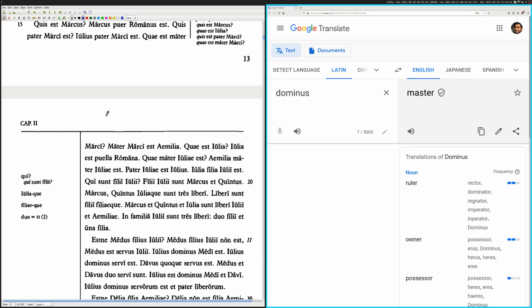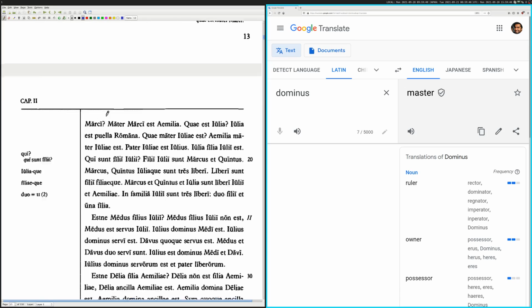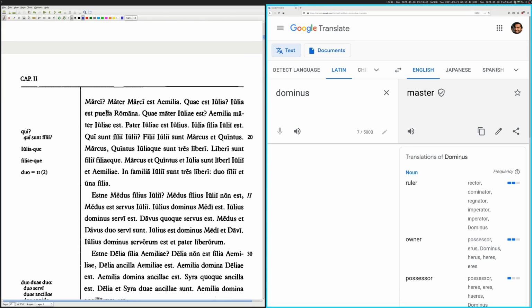Julius is the master of his slaves. Davus is also a slave, so the Greeks are the slaves of the Romans. That's what it sounds like. Medus and Davus are 2 slaves. Julius is the master of Medi and Davi, okay? Julius dominus servorum.